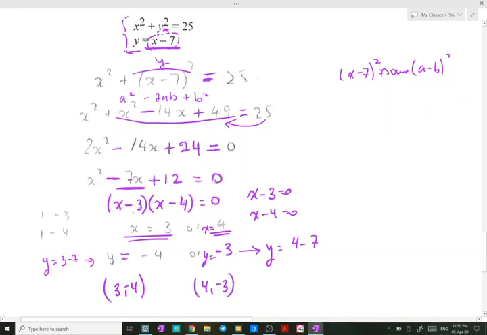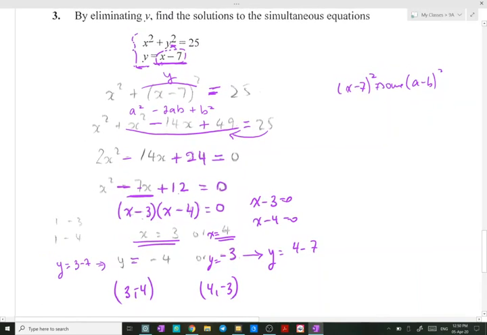If we want to discuss this system graphically, this is the equation of a circle that has center O, the origin, and radius equals 5, and this is the straight line that intersects this circle.